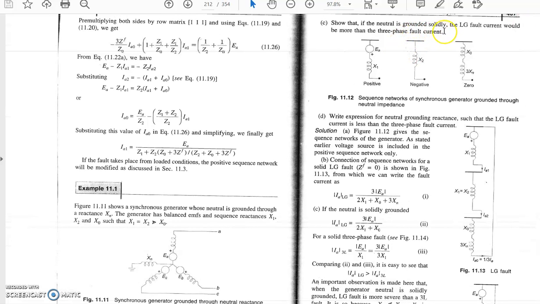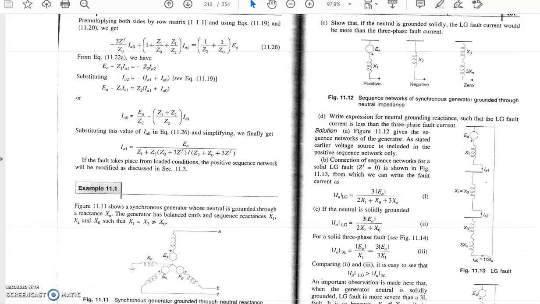Show that if the neutral is grounded solidly, then the LG fault current would be more than the three phase fault current. Basically the three phase fault current is the highest one, but in case of the LG fault occurring at the generator terminals, the result shows that the LG fault is more severe than the three phase fault current. This question is asked many times in competitive exams.